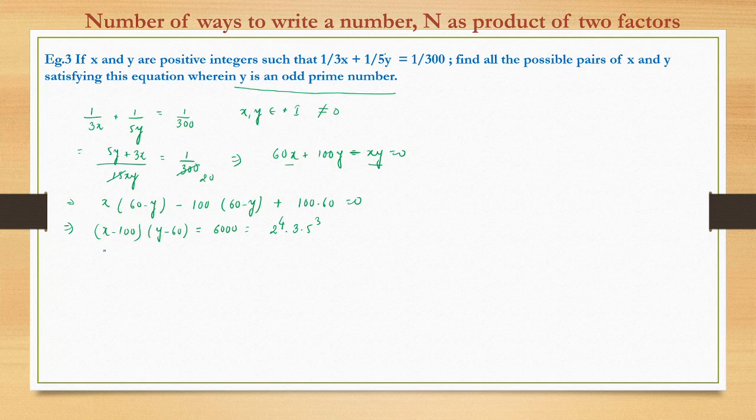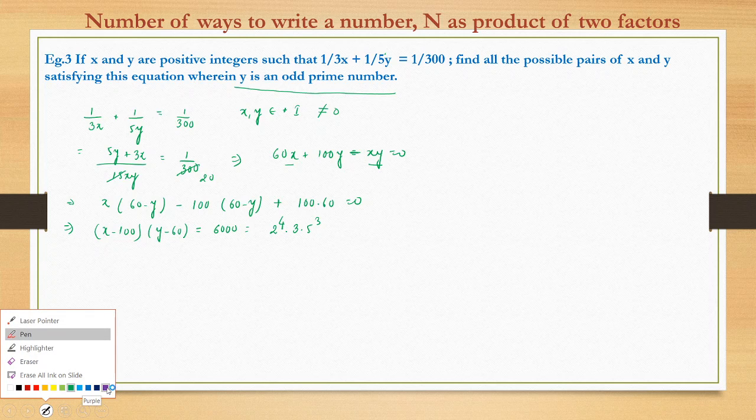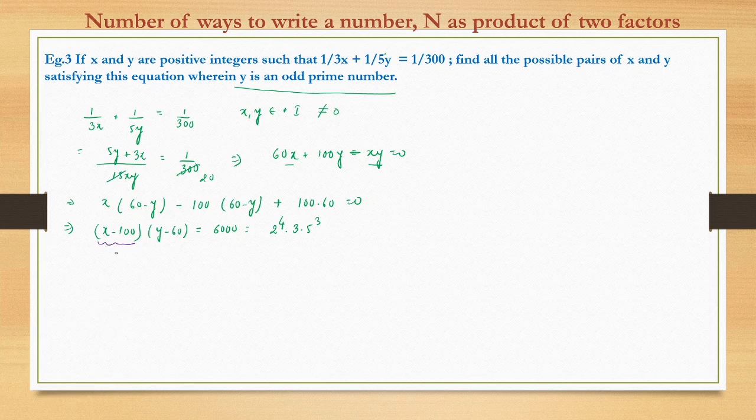So the simple question is now, this is a and this is b, where a and b are integers. See, x and y are positive integers. So suppose x is 1, a can be negative; y is 1, b can be negative. So a and b can take all the integral values.